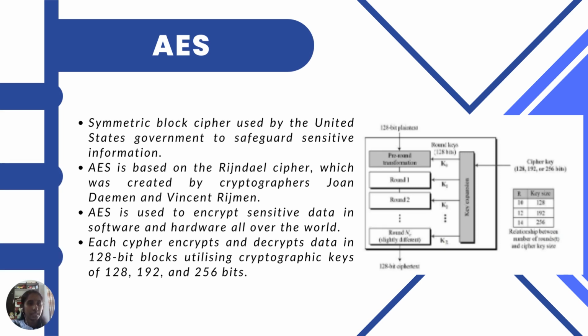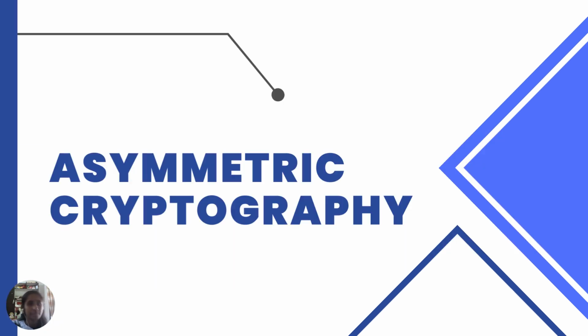Next is AES. AES is used by the United States government to safeguard sensitive information and is used to encrypt sensitive data in software and hardware all over the world. Each cipher encrypts and decrypts data in 128 bit blocks utilizing cryptographic keys of 128, 192, and 256 bits.